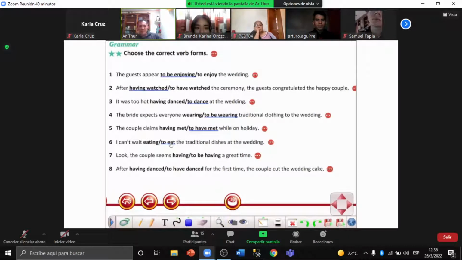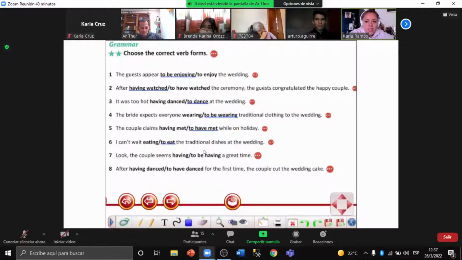Fernanda, number 7. Look, the couple seems to be having a great time. Of course. And the last, Arthur. After they have danced for the first time, the couple cut the wedding cake.